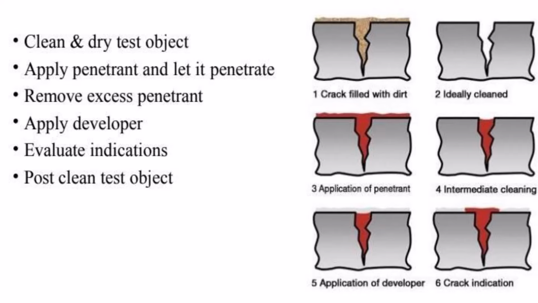So we can identify where the indication comes out, and that region has a crack. That is called the liquid penetrant test. We can evaluate the indications by the color of the liquid.